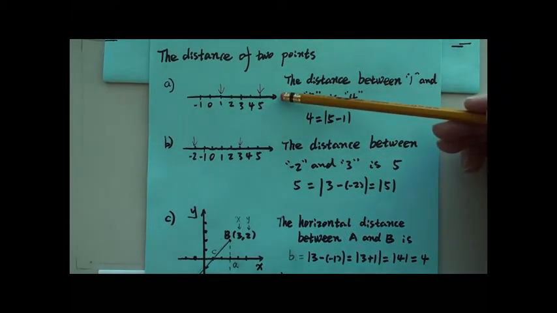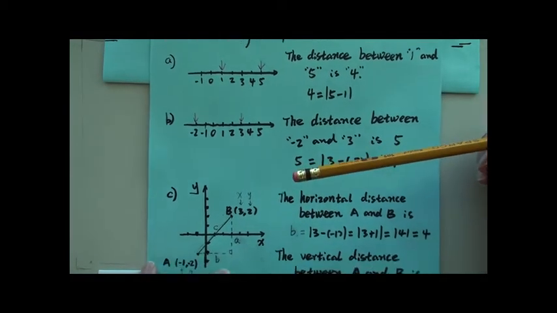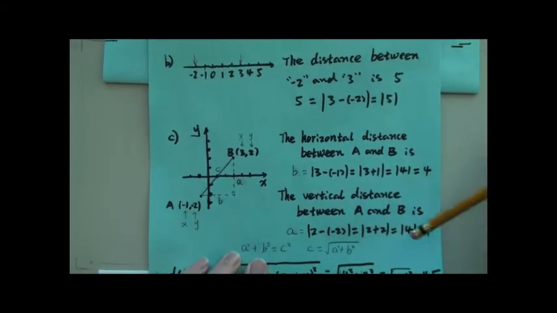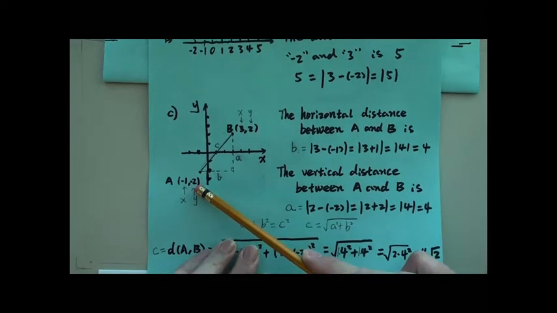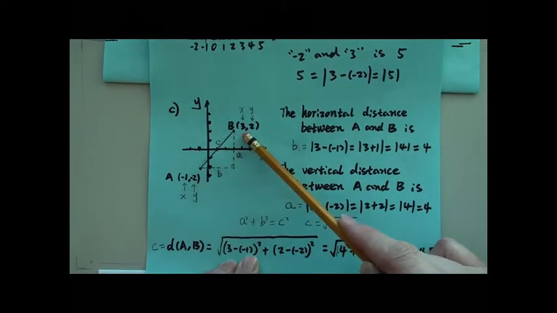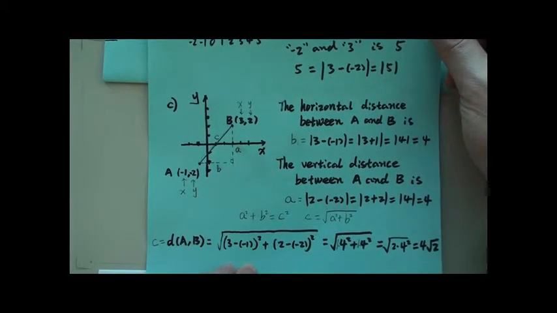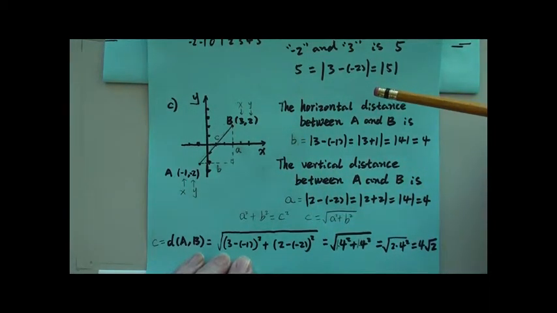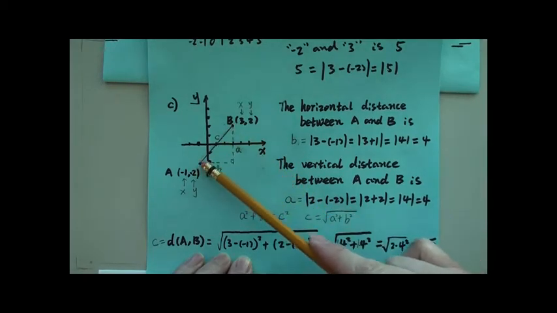Now those are just in one dimension. How about two-dimensional space? Right here we are given A, negative 1, negative 2, and we are given B, 3, 2. How are we going to find the distance between A and B? We know the horizontal distance between A and B is this part.